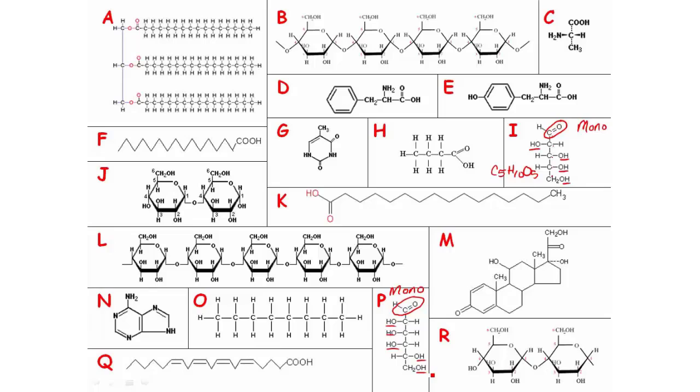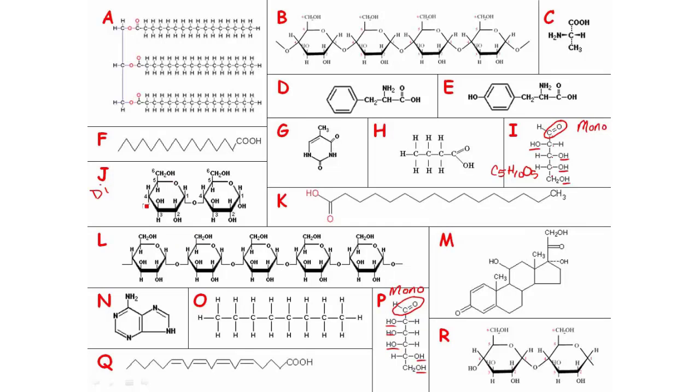Now in this example slide, we do not have any examples of circular monosaccharides, but we do have some examples of disaccharides. The disaccharides are going to take the ring form of the monosaccharides and hook them together, forming a glycosidic linkage in the middle. Our first example of a disaccharide would be J here.